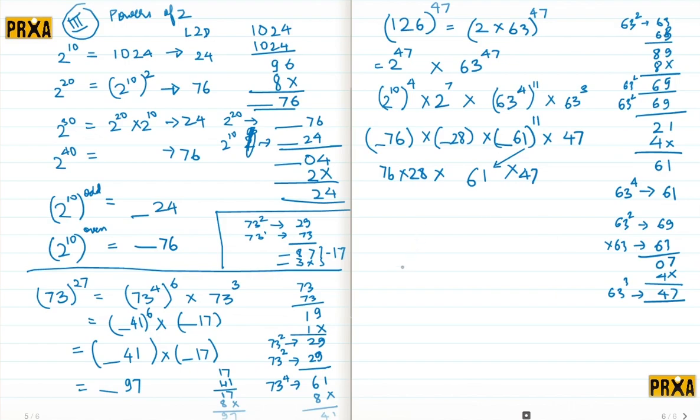So let me just use up this space. 76 times 28, 8 6 the 48, 4, 7 8 the 56, 60, 6 to the 12, so 28. So this is again 28, 61 times 47, 7 6 the 42, and I get a 67 here.